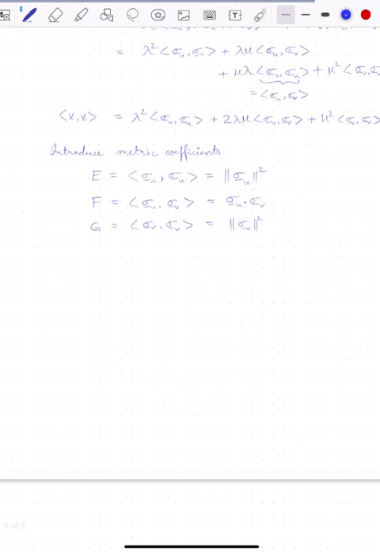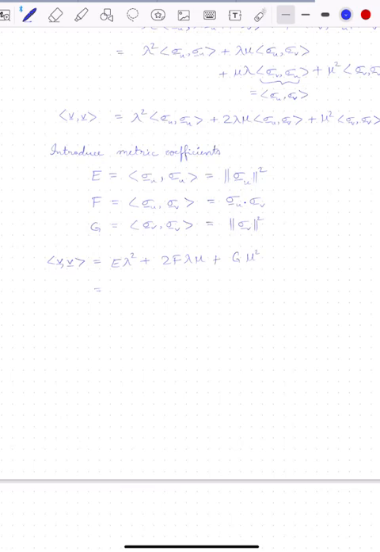So using these abbreviated terms, we can rewrite our v comma v as E lambda squared plus 2F lambda mu plus G mu squared, right?